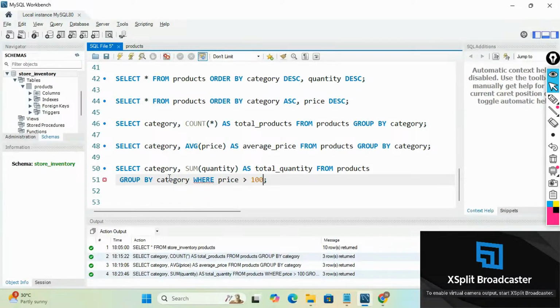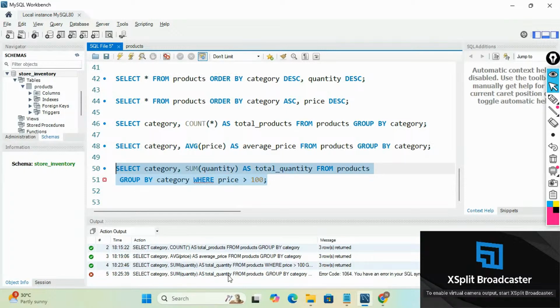What is the difference between the previous query and the current one? In the previous query, we had the where clause followed by the group by clause. But what if I change the positions? If I have group by first followed by the where clause, what message is it going to give me? Let me execute and see what happens.